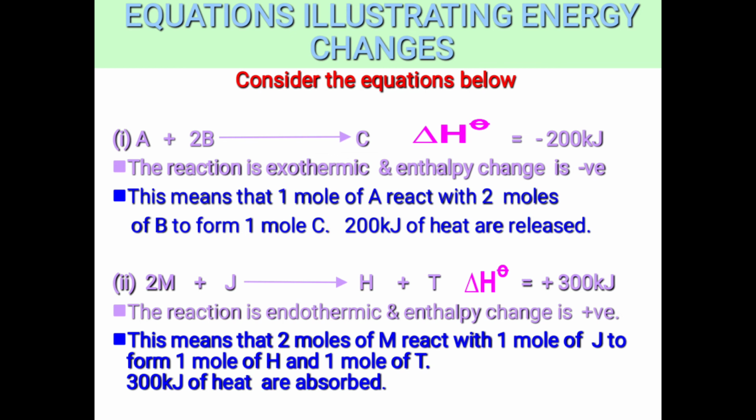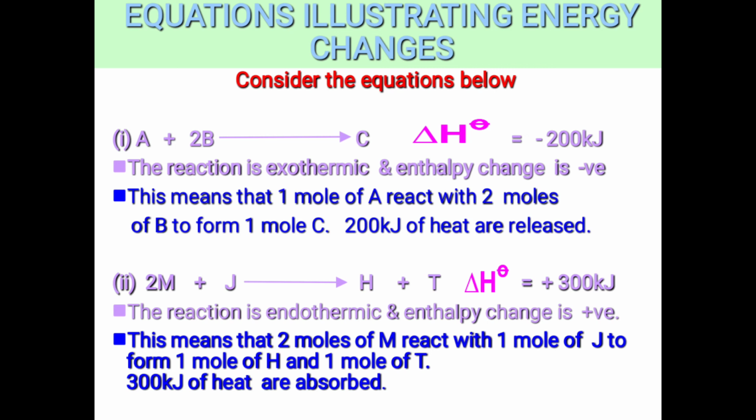So if it is negative, it means the reaction is exothermic. What does it mean if you try to explain this reaction? It means that 1 mole of A reacts with 2 moles of B, forming 1 mole of C and releasing 200 kilojoules of heat. Reason being, this reaction is exothermic, so it occurs by releasing heat energy to the surroundings. So that's why it is negative.